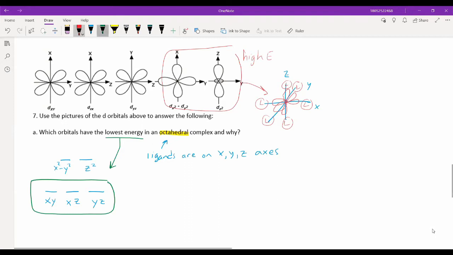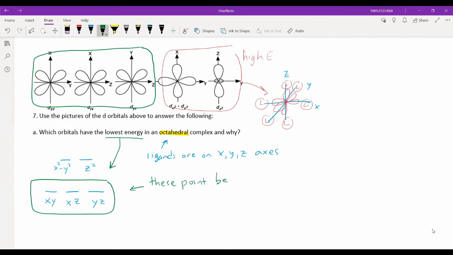And the other 3 orbitals are situated in between the axes and therefore in between the ligands. So these point between the ligands. So if you're an electron in one of these, and keep in mind the ligands all have lone pairs that they're using to bond to the metal, so there's more electrons.